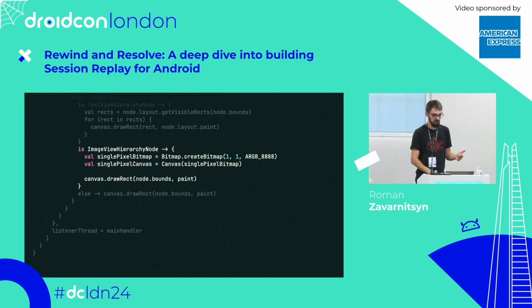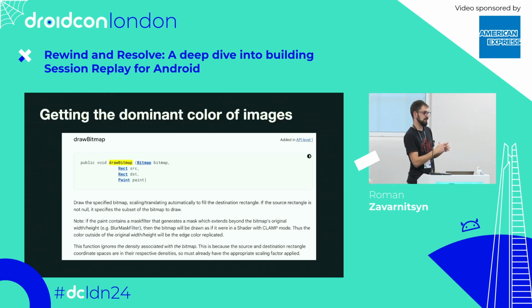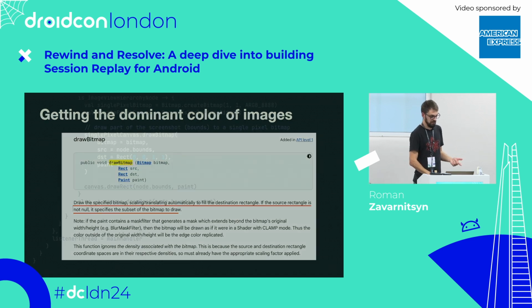Next question is how can we draw this part of the screenshot into this bitmap? There is this nice method on Canvas, which I'm not going to read out, but basically it takes your screenshot and a part of the screenshot, which is the source rectangle, and draws this part into the specified rectangle.